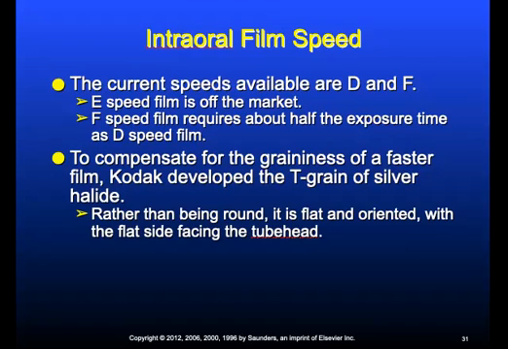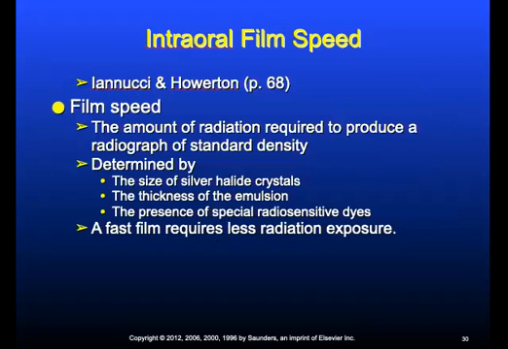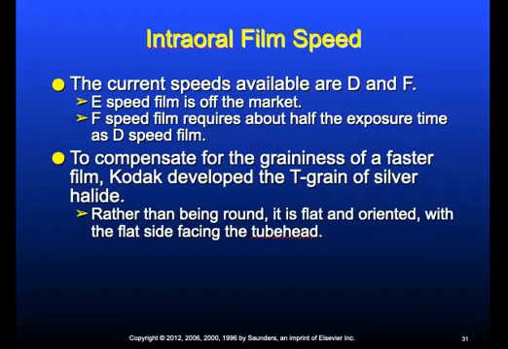We talked about in the previous slide that a larger halide crystal, such as what's used in an F speed film, increases the film speed but slightly reduces image resolution. To compensate for the graininess of a faster film, Kodak developed the T grain of silver halide.